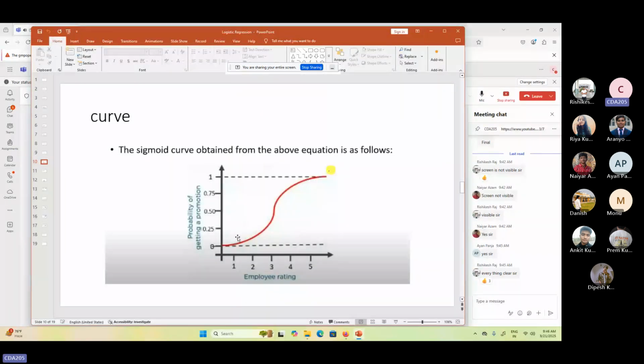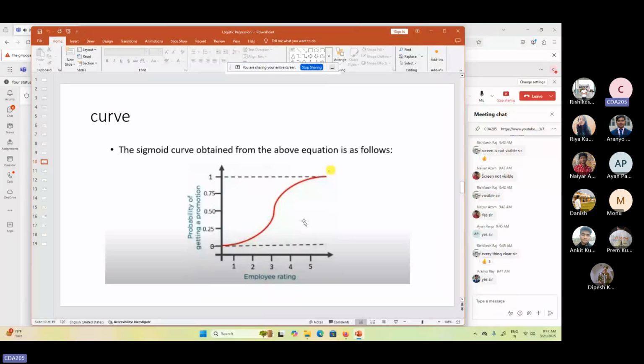Rishikesh, are you clear with this curve? How this curve has been plotted? Everyone, is this plot clear, how this curve has been plotted?